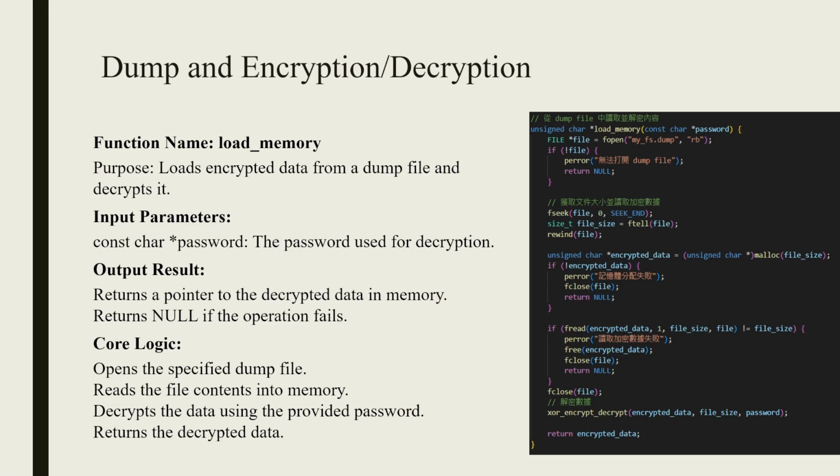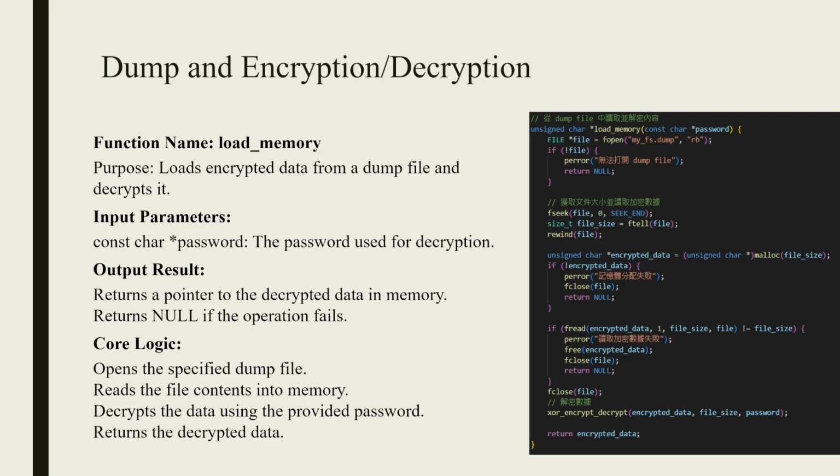The first step will open myfilesystem.dump in binary read mode, and then the next part will determine the file size. It will calculate the file size and reset the file pointer to the beginning.